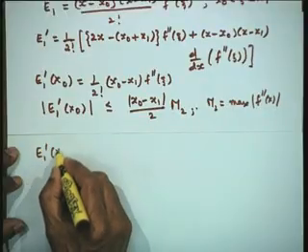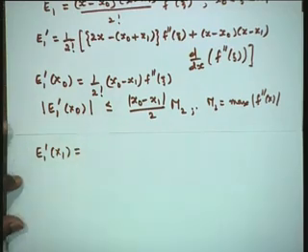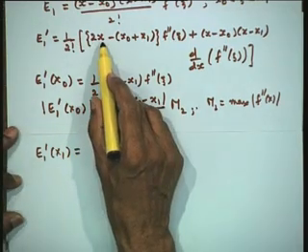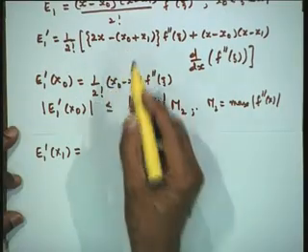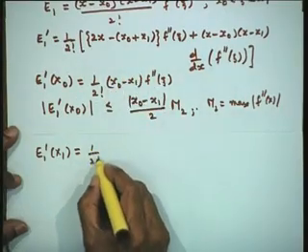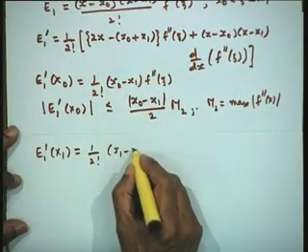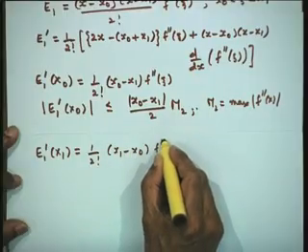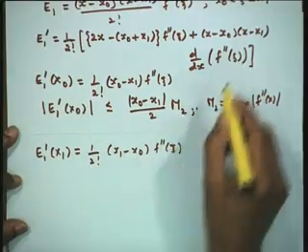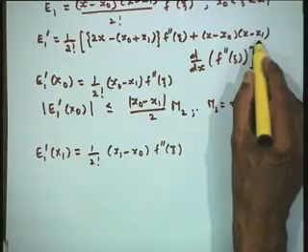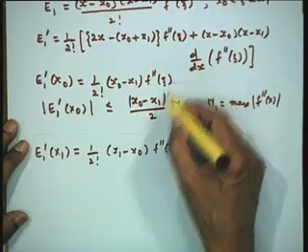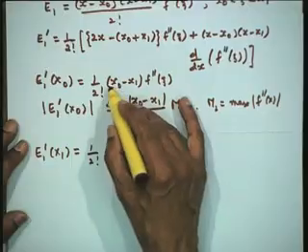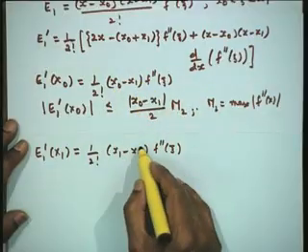Now, I can find the error at the other point x 1. If I substitute x equal to x 1 here, I will get 2 x 1 minus x naught minus x 1, so x 1 minus x naught. So, I will have 1 upon factorial 2 times (x 1 minus x naught) times f double dash of xi. Again the second term vanishes at x equal to x 1. Now, this error is the same as the previous error except it is of opposite sign: there it is x naught minus x 1, here it is x 1 minus x naught.